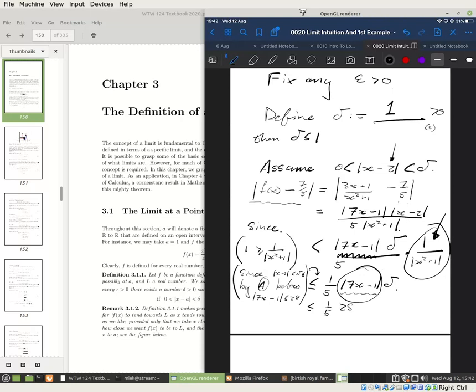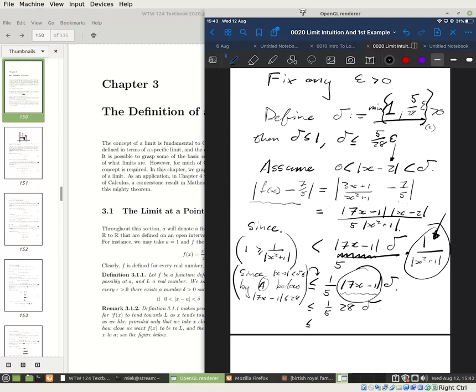This thing is less than that. And now we see immediately what we should bake into our delta. We want to bake in a 5/28 epsilon in there, and we choose the minimum. Then delta is also less than or equal to 5/28 epsilon.